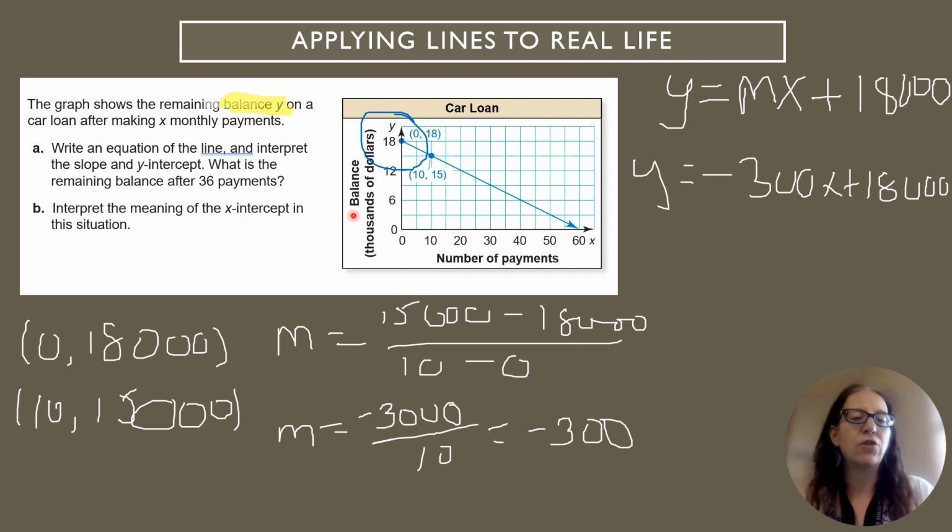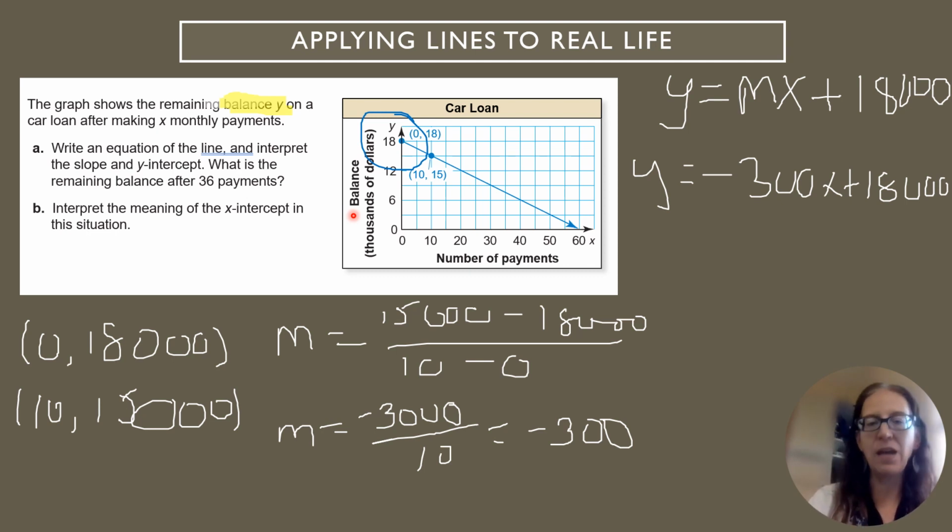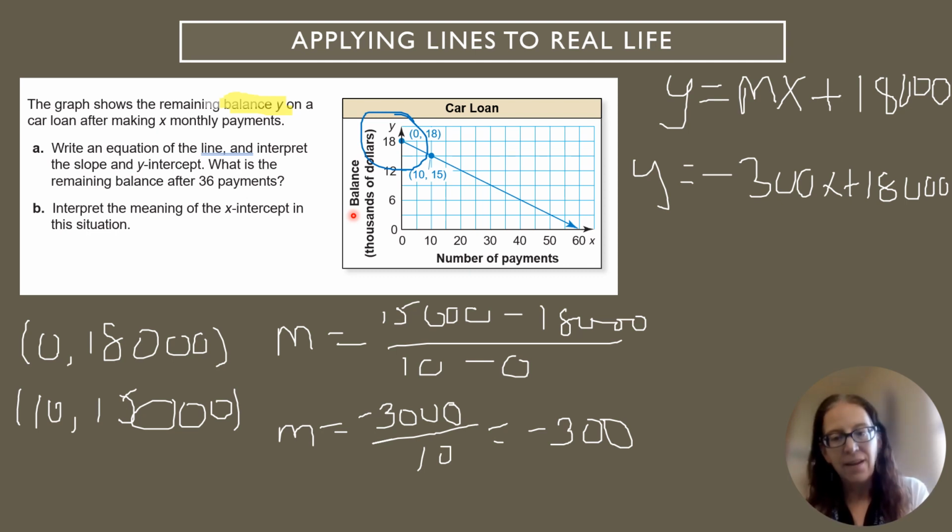You could say the initial amount of the loan, the starting amount of the loan. You could say it is the amount of money that you owe at the beginning or at the time it is taken out. What you don't want to tell me is the y-intercept is 0, 18,000. Okay, that's the location of the y-intercept, but it's not the meaning of it. So in this case, that point represents how much money you owe at the beginning. And that's the key part, that it's at the beginning. But how you say that can be any number of those ways plus some.